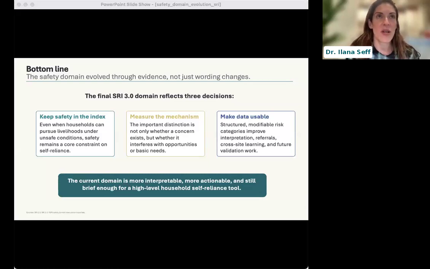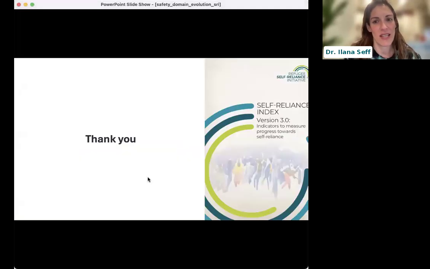We needed to understand the different types of safety concerns that were taking place so that we could make referrals more actionable, and hopefully learn more overall about the safety concerns facing these populations. And so ultimately, we feel that this domain is more interpretable, more actionable, and also still brief enough that it is manageable for partner organizations to use. And that's it. Thank you.